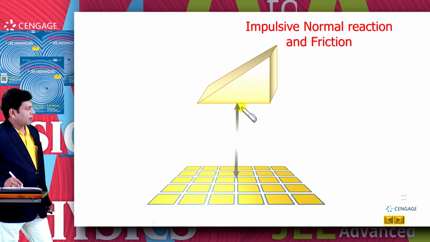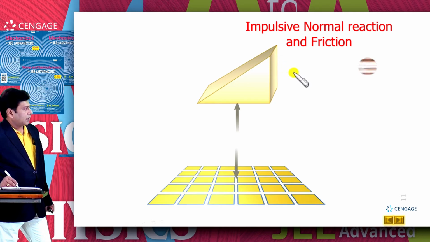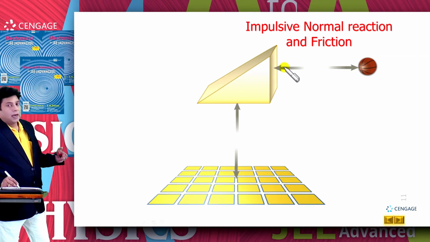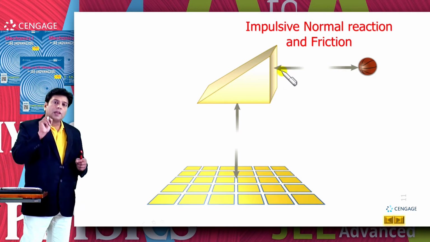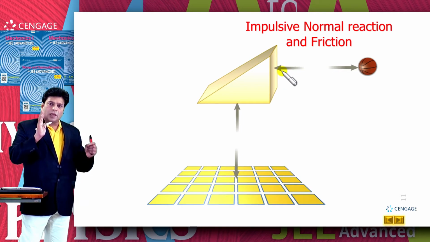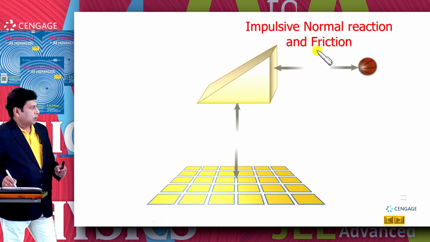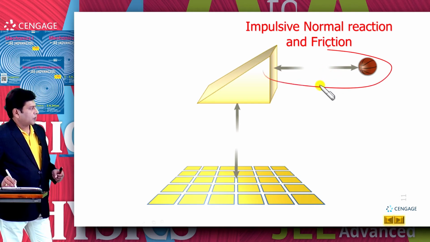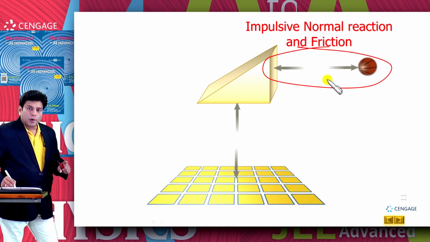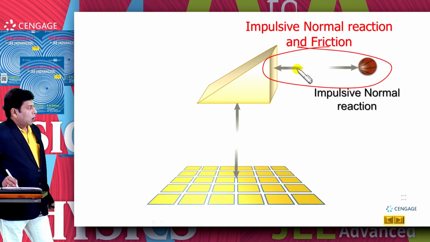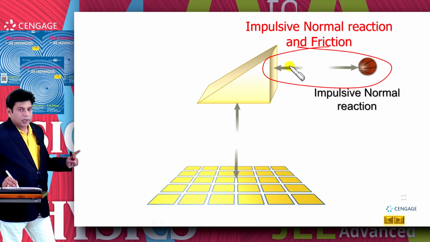These are the normal reactions between the wedge and ground, and these are the normal reactions between the ball and wedge. And as we discussed, in case of collision, the normal reaction of the surface is always impulsive. So this normal reaction on the wedge and this normal reaction on the ball are impulsive in nature. So we can say impulsive normal reaction here. Now this impulsive reaction is horizontal.